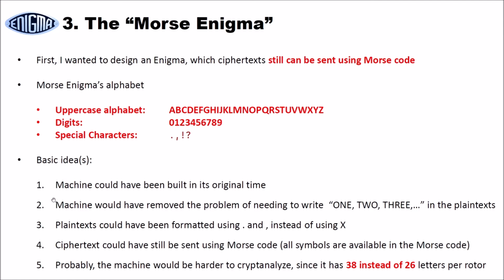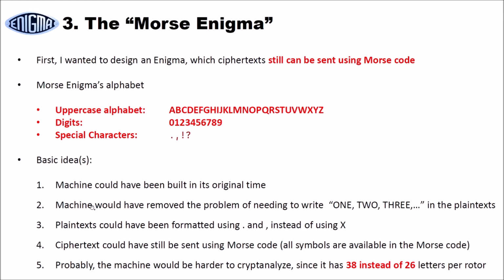The machine would have removed the problem of needing to write out 1, 2, 3 in the plaintexts. So when they wanted to send numbers, it was very tedious because they had to write out the numbers, because with original Enigma machines you didn't have digits. With my machine here, this would solve this problem. Then plaintext could have been formatted using dot and comma instead of using X, as they did at the time.